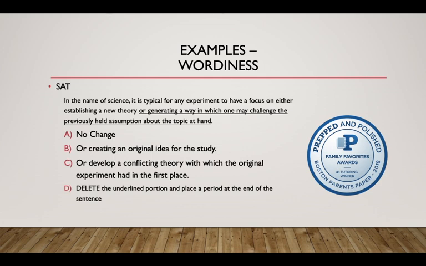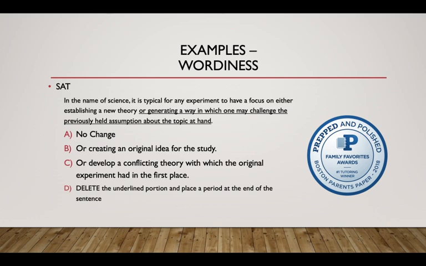Well, I could say, or creating an original idea for the study, or develop a conflicting theory with which the original experiment had in the first place, or delete the underlined portion and place a period at the end of the sentence. Now, careful.